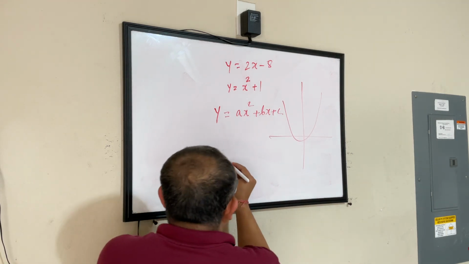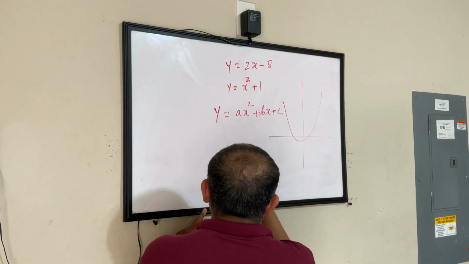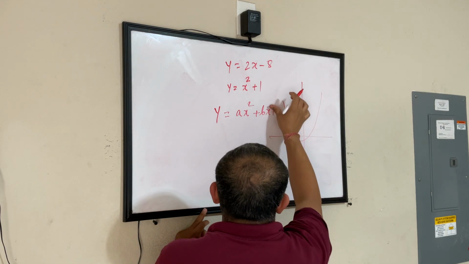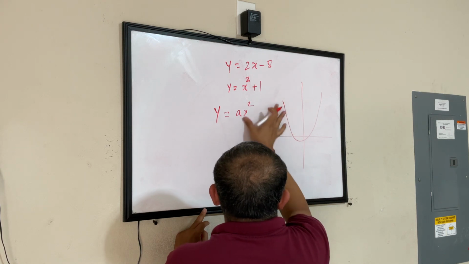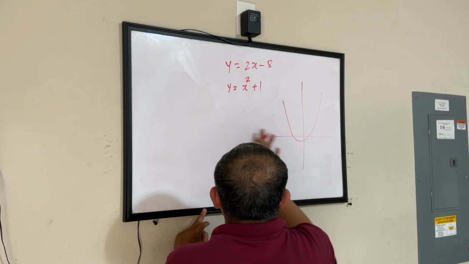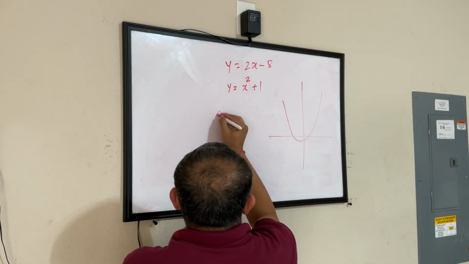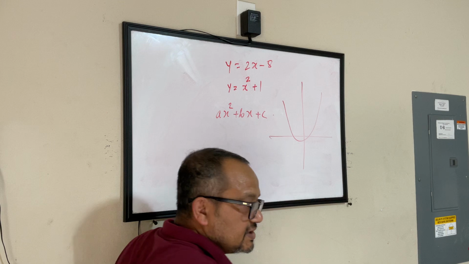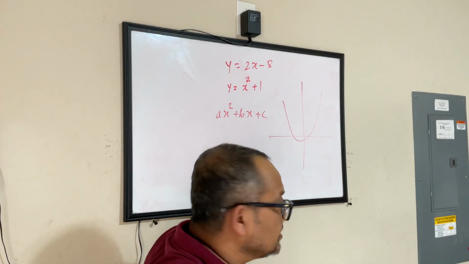So the standard form of a quadratic expression is ax squared plus bx plus c.